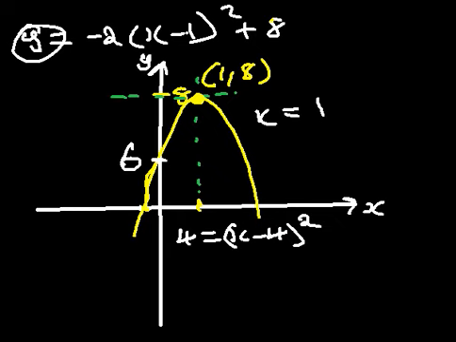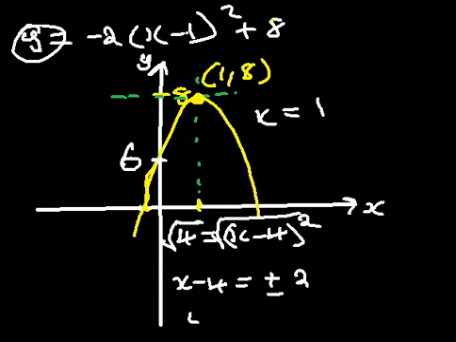Since I'm looking for x inside, we'll have to square root both sides. And also this side will have a plus or minus. By the way, don't forget that one. So now x minus 4 is equal to plus or minus 2. So which means I'll have x being given as 4 plus or minus 2.